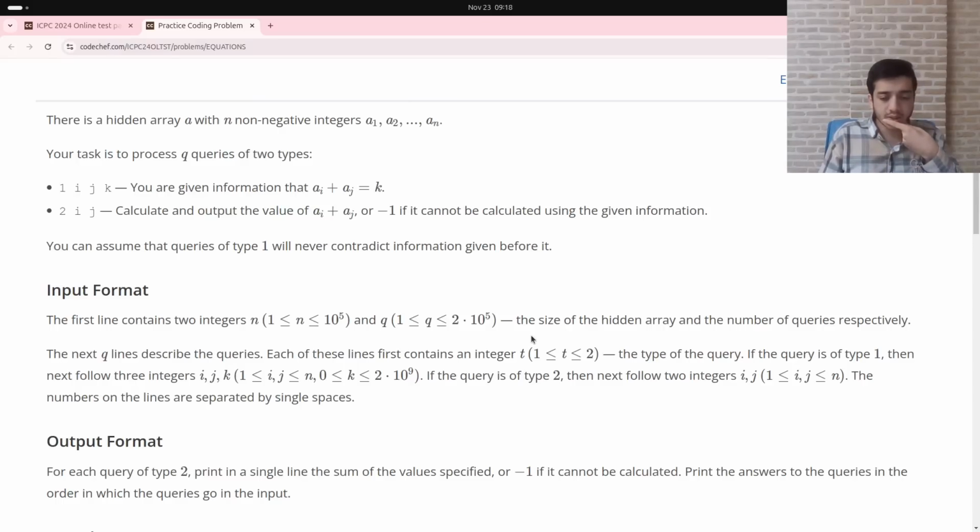Otherwise, we found a new cycle. We go find values for all these elements in this connected component, and how? Let me see how we can find that.